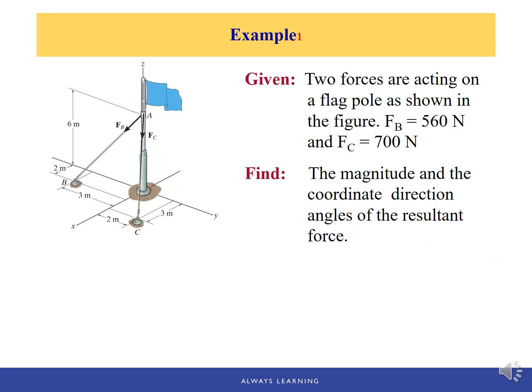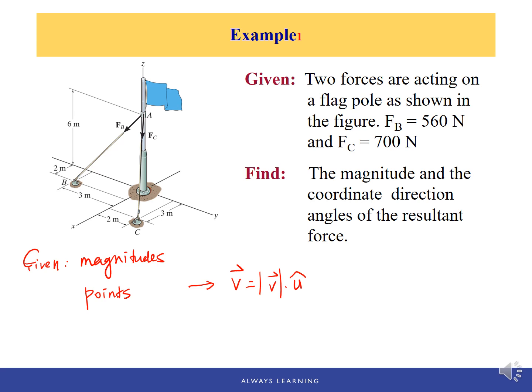Now when we look back at our solutions, here is something you need to keep in mind. Usually when you have a problem like this, where the magnitudes are given and you have points given, it's an indication that you're going to use this format: a vector equals the magnitude of the vector times the direction of the vector, which is a unit vector.